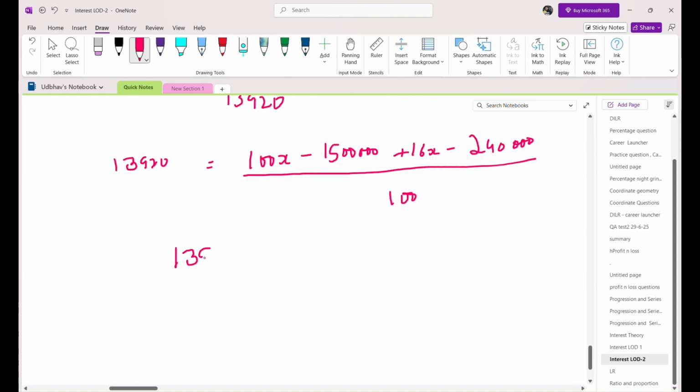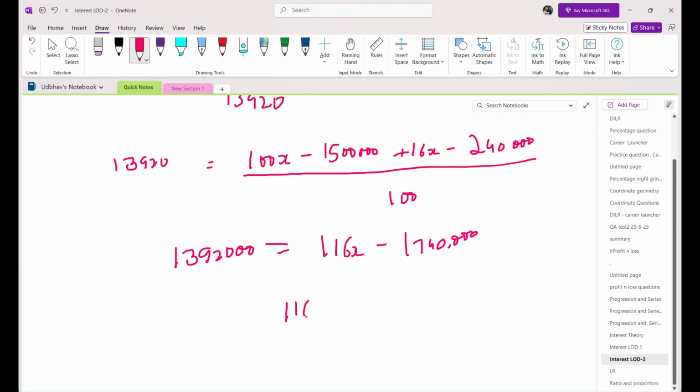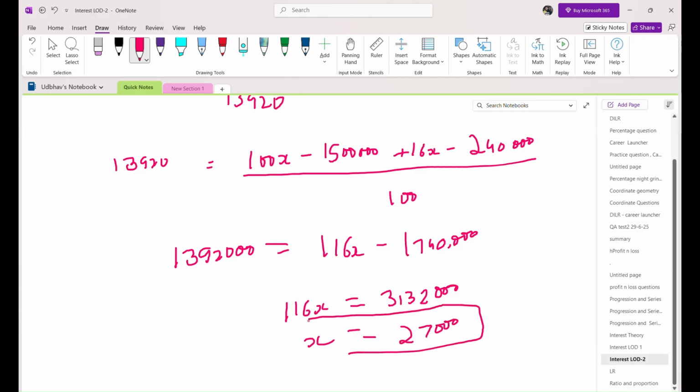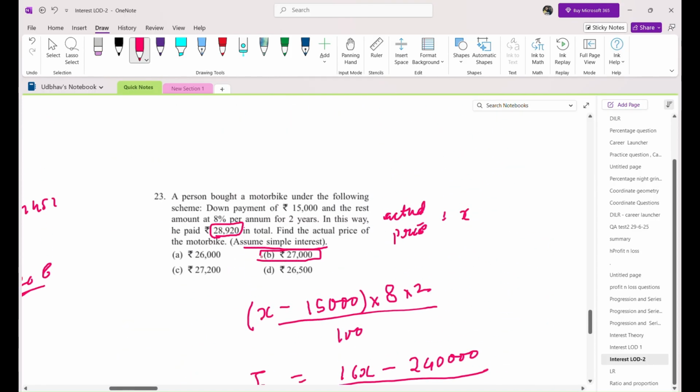So we'll get 13920 equals 100x minus 15000 plus 16x minus 240, so 116x equals 13920 plus 1500 minus 240, that is 116x equals 1740 plus 1392. So x comes out to be 27,000.